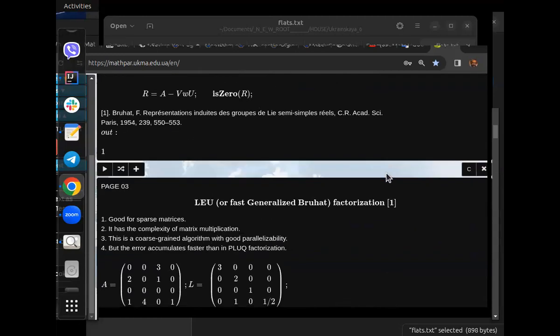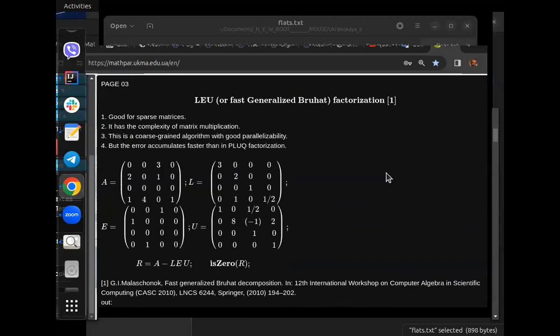The next variant of LU decomposition was LEU. It appeared in 2010. What is the difference? It was the first algorithm with the complexity of matrix multiplication. It was a block recursive algorithm, and it is good for sparse matrices.